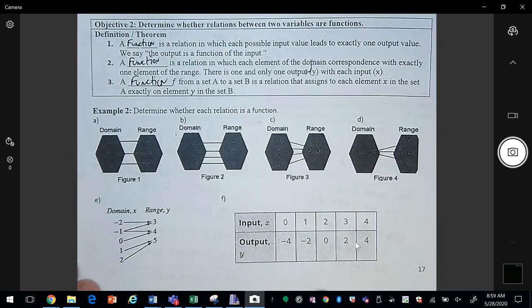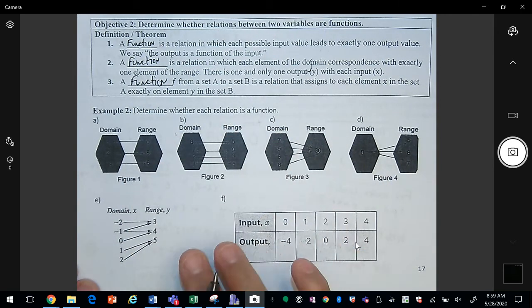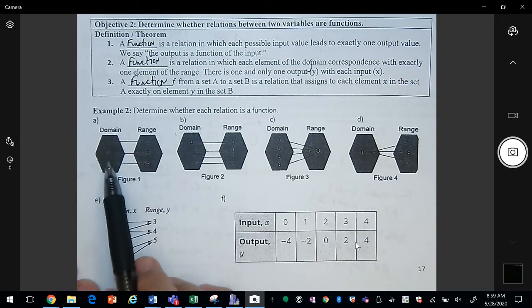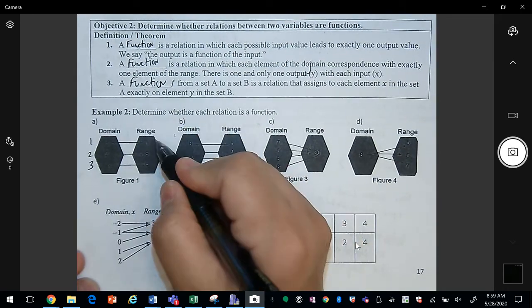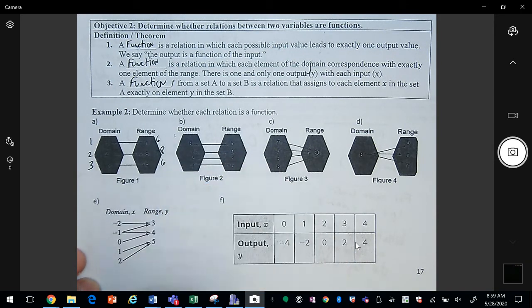Okay, here we have some examples. Looking at the definition, we can apply it to see which of these are functions. It's kind of hard to see here, but we have a 1, a 2, and a 3. I'm going to write them here so you can see them. On this side, the numbers are 6, -8, and 6.